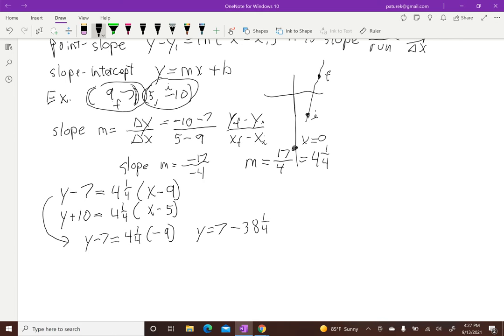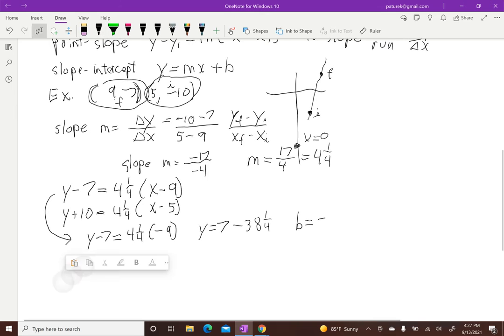So now I subtract 38 1/4 from 7, and that will give me the value of b, the y-intercept. So b, the y-intercept, is going to be negative, if I do this correctly, I suspect it's 31 1/4.